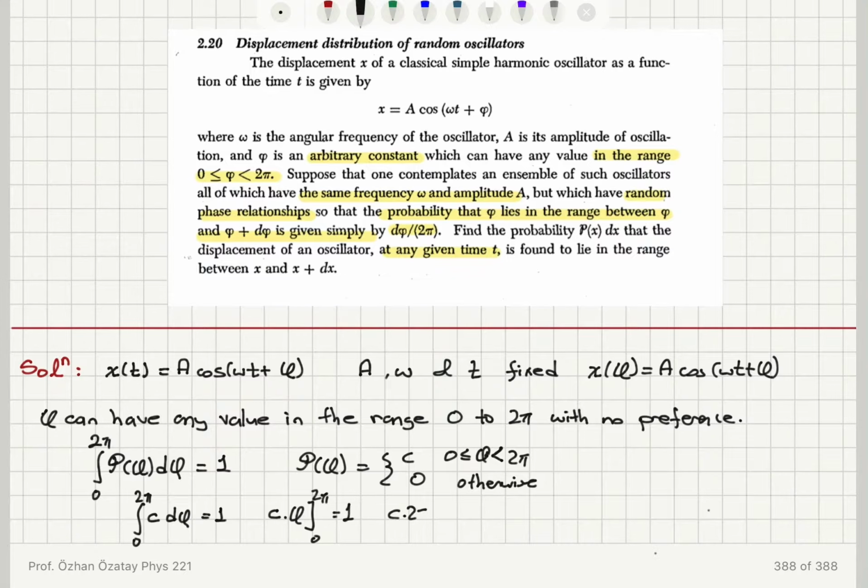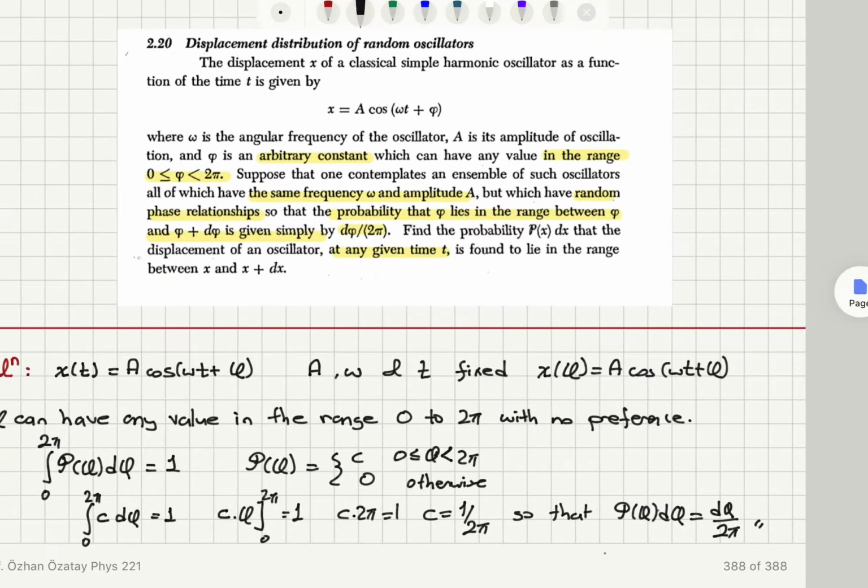C times 2 pi is 1, so c is 1 over 2 pi, so that, as suggested in the problem, the probability distribution function for phi, p phi d phi, is d phi divided by 2 pi. So that is correct. Now I want to transform from phi to x.